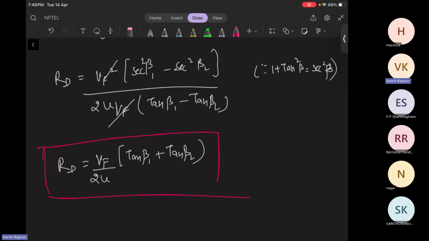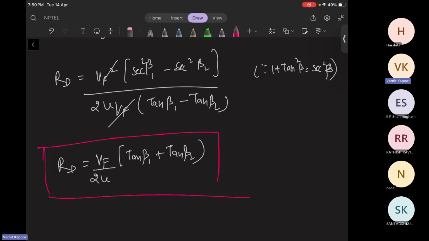Okay, if I want to calculate what will be the condition for 50% degree of reaction. What do I mean by that? It is basically that the enthalpy rise across the moving blade is half that of the enthalpy rise of the complete stage.